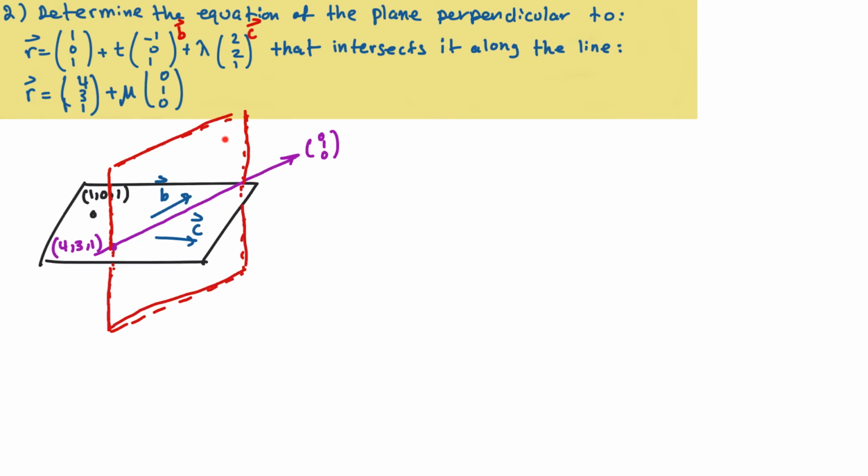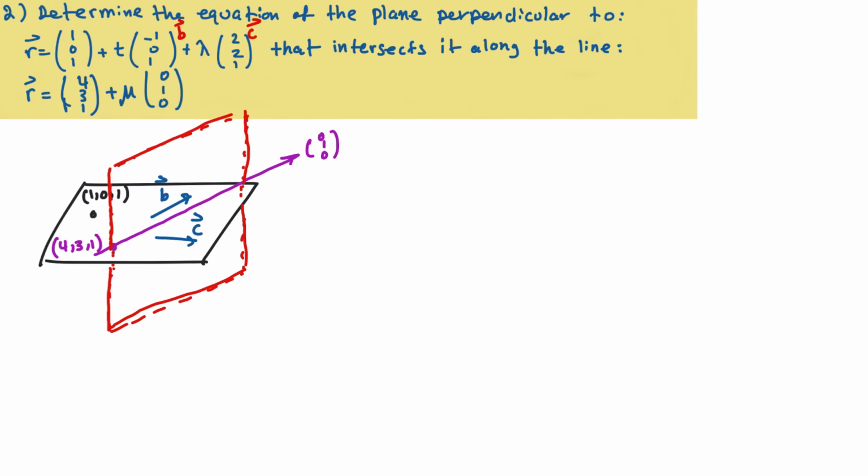So this plane and this plane are perpendicular and they are intersecting along this line over here. So we want the equation of this red plane, and for this red plane we need a point. When we have that point, we know that this line is part of this plane, so we have one point in the plane. I'm going to write that down.